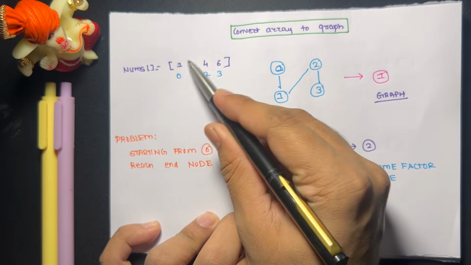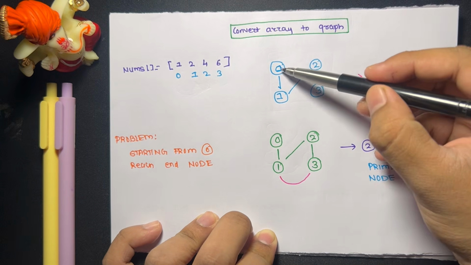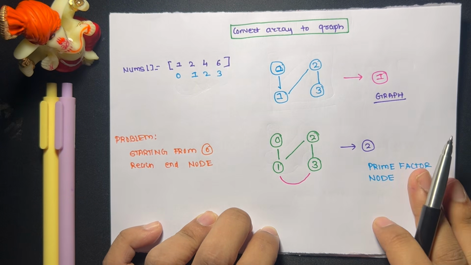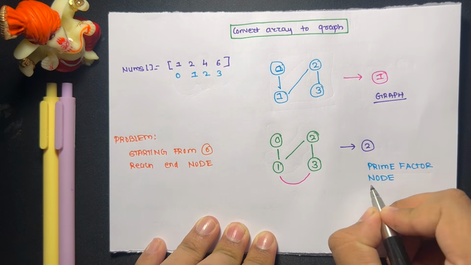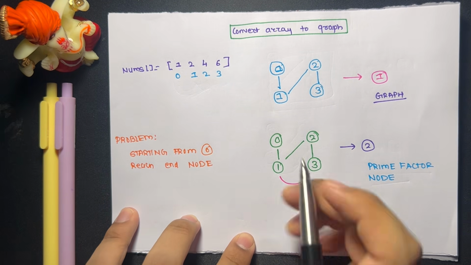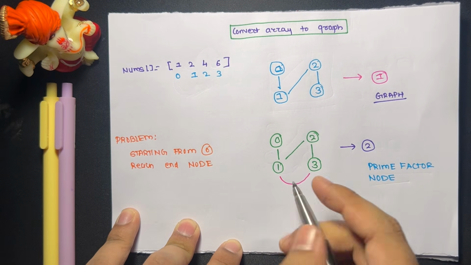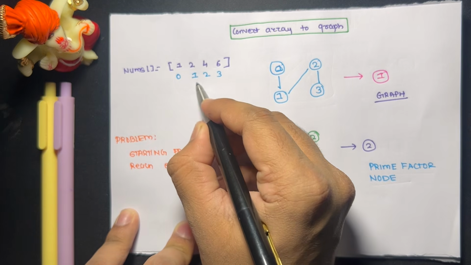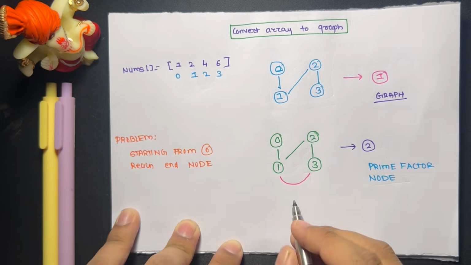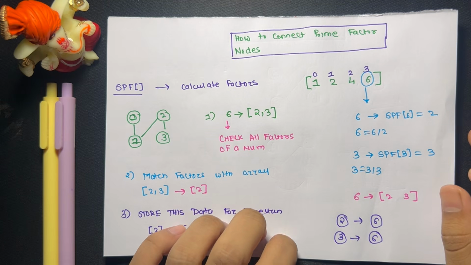From this we can create a directed graph like this, 0, 1, 2, 3, and we have one more edge which comes from the prime factor node. So here 2 was able to directly jump to 6, right? So we can just add an edge here. So from index 1 we can directly jump to the third index. Okay, now whenever we see graph questions, the directions are very important, right?